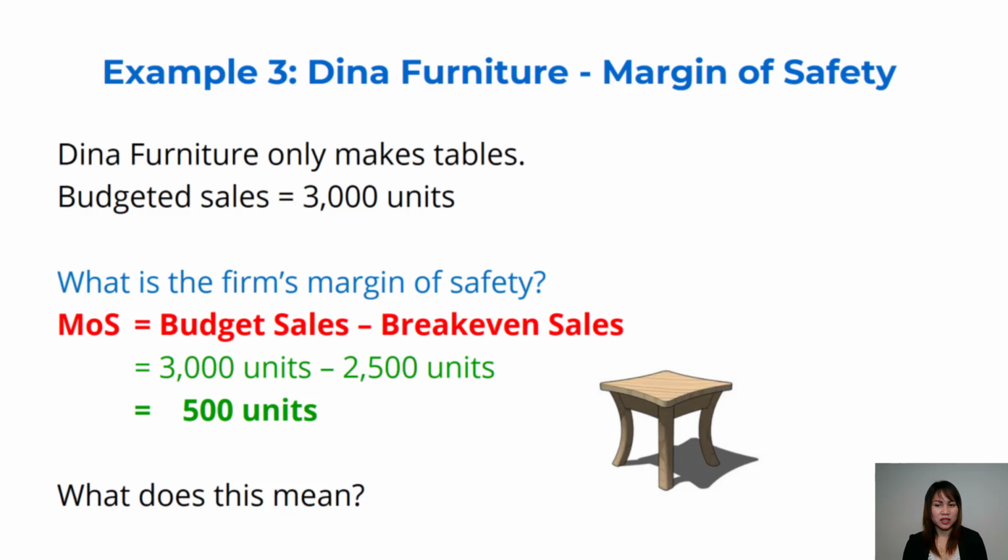What does that mean? Sales volume or targeted sales could drop by 500 units before Dina hit break-even point. If targeted sales drop beyond 500 units, it means Dina will incur a loss. Therefore, margin of safety gives you a feel for how close projected or actual operations are to the break-even point.